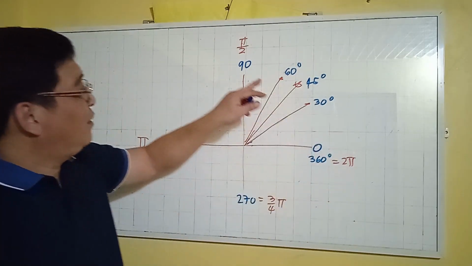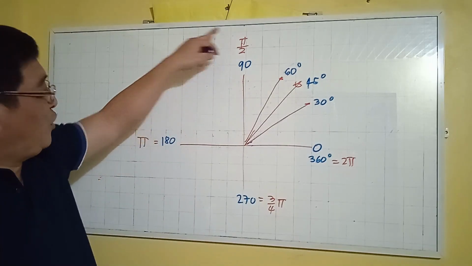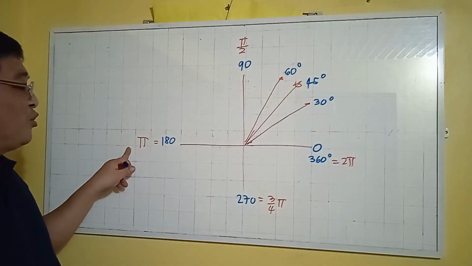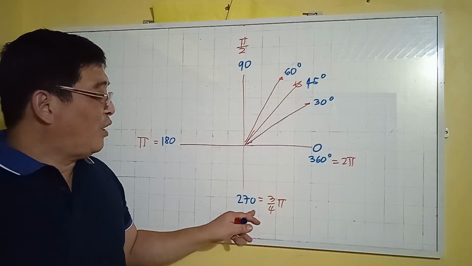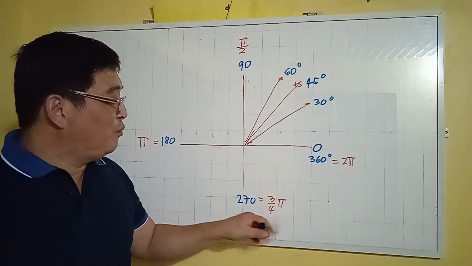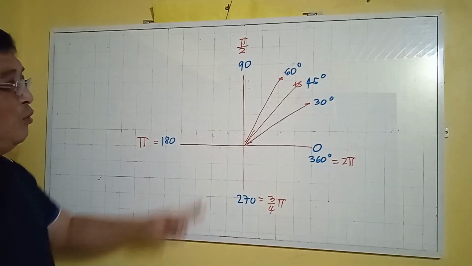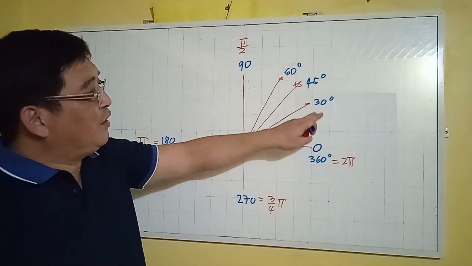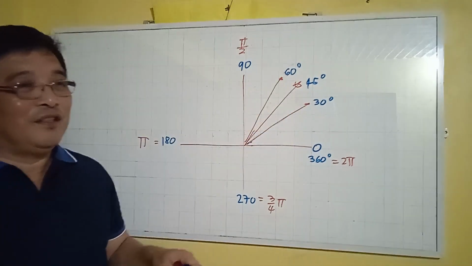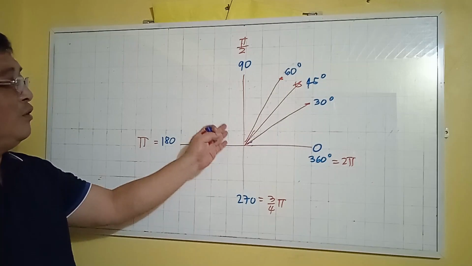We have 2 pi. 90 degrees, pi over 2. 180 is equals to pi. 270 degrees is equals to pi over 4. Now, paano natin nahanapin yung 30 degrees, 45 degrees, and 60 degrees? And so on, papunta dito.